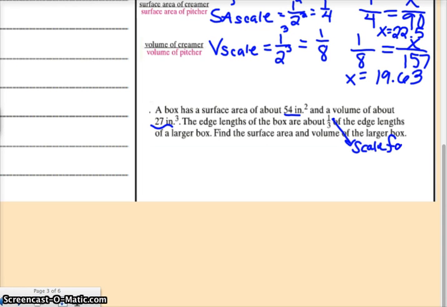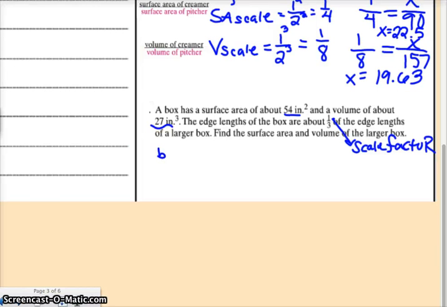They gave it to me. My initial one, the one I go back to. Find the surface area and volume of the larger box. So the 54 and 27, is that the big box or small box? Small. Because it says find the big box, that means they gave me the small box.